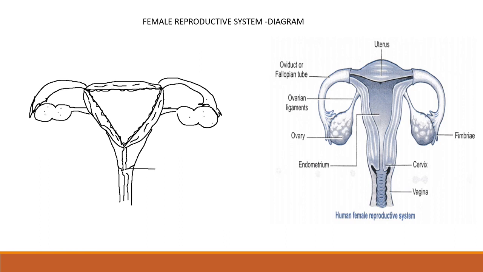As you can see, this is vagina, right? This is cervix, vagina. Put an arrow over here like this, right? Okay, and these are ovary.